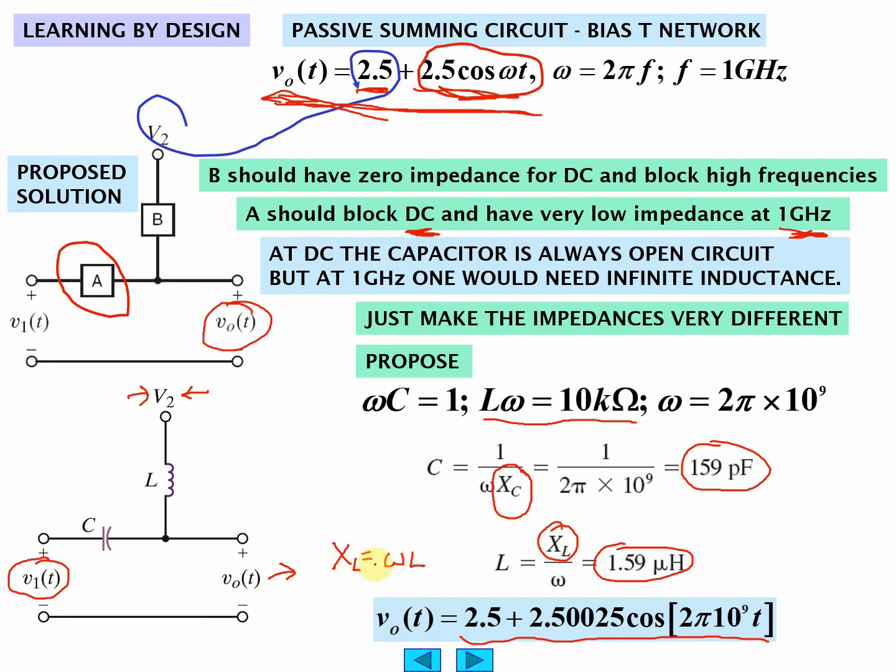You see that jXL gives you the impedance of the inductor. XC equals 1 over omega C. So you're missing the 1 over j, the imaginary parts here. That's called reactance.